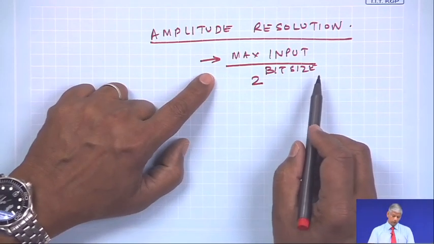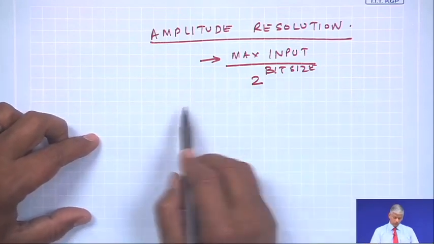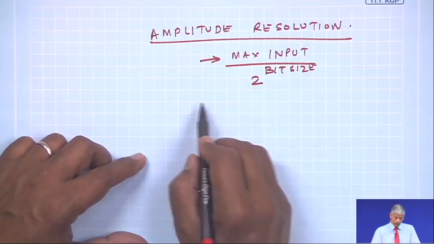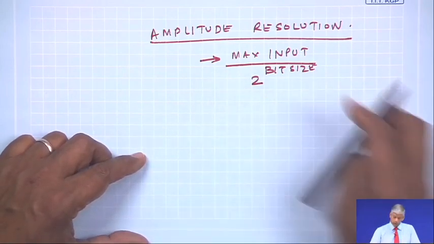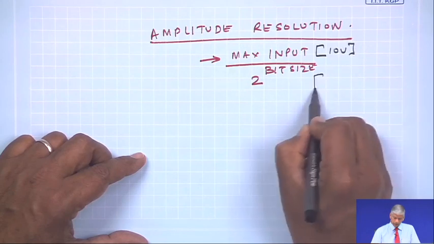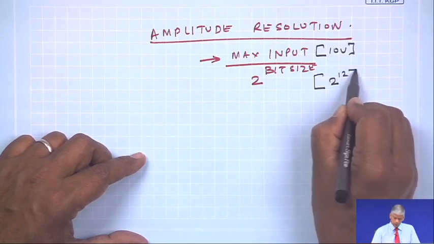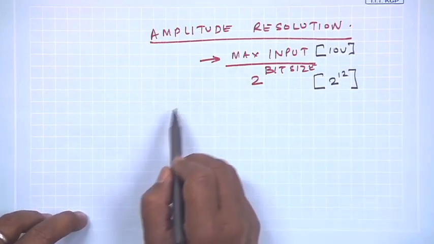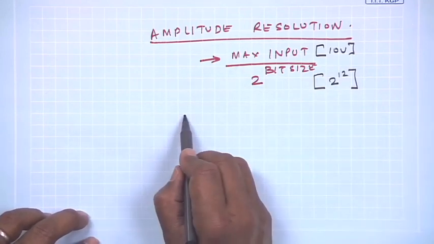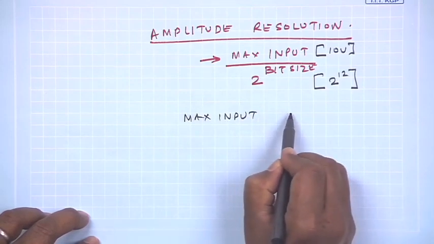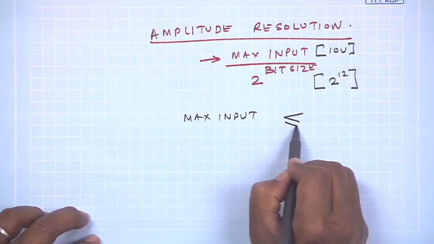To make this quantity smaller, I could have reduced the maximum input by reducing the input range, which here corresponded to 10 volt, and here this corresponds to the power 12. So, the way I can reduce it is to reduce the numerator, making the maximum input something much less than 10.